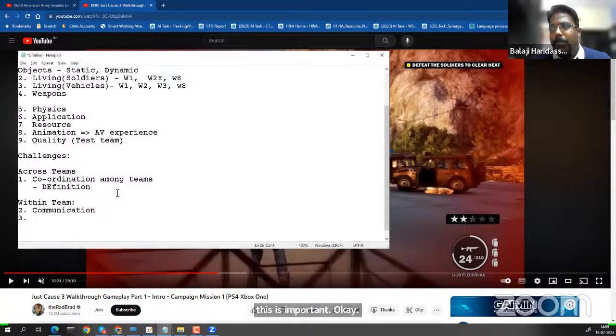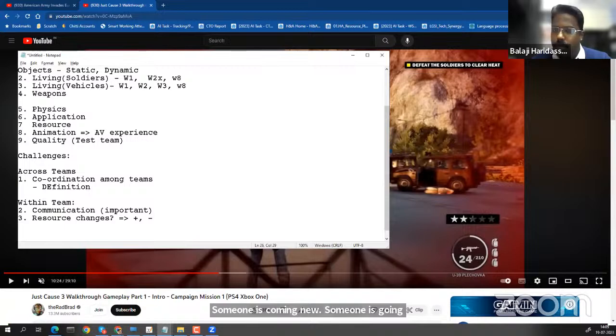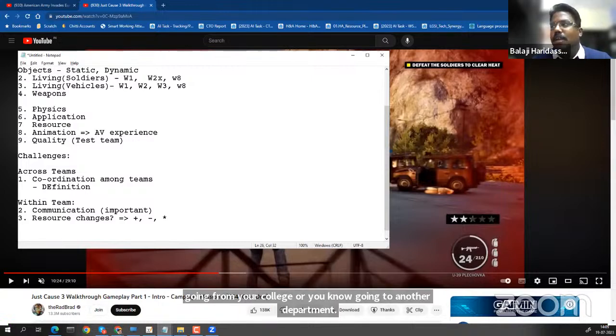All the team members are from the same origin, for example. What about resource changes? Someone new is coming, someone is going outside, going from your college to another department, or someone's role is changed.